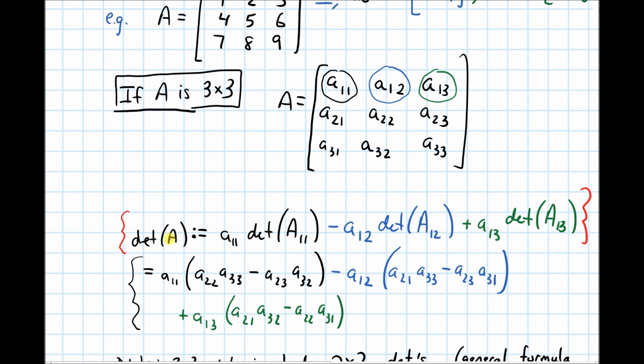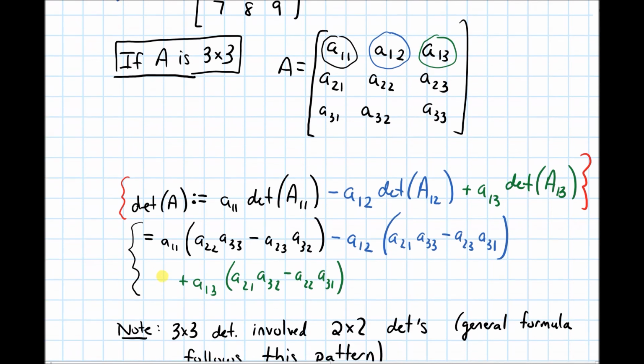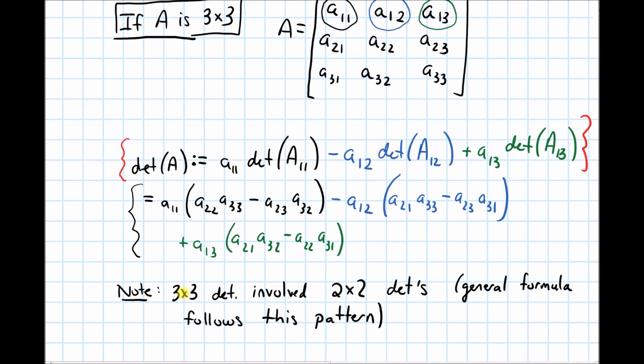I defined the determinant of my 3x3 matrix, and that definition involves determinants of 2x2 matrices. So that's the next thing I want to note. For a 3x3 determinant, my formula involved these 2x2 determinants. And it turns out that the general formula for even larger matrices follows this pattern that I started to write down here in this definition.